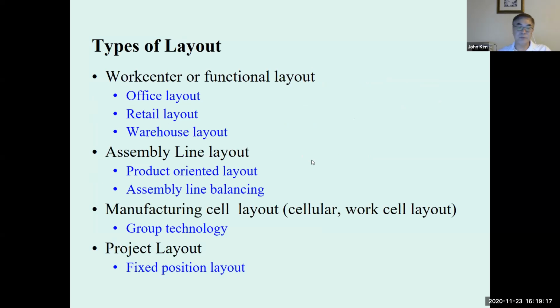Types of layout. During this semester, I mentioned layout sometimes.